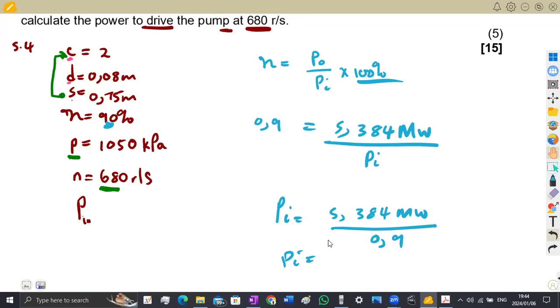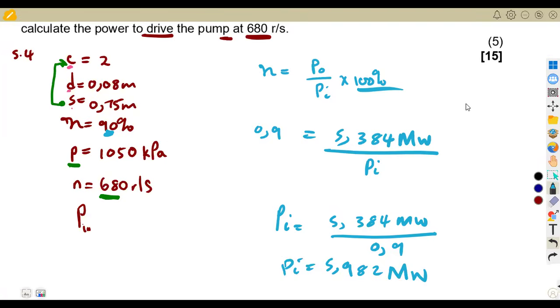5,982 in megawatts. Definitely this is also going to be in megawatts, since the previous one was given in megawatts. So we can have values like this, but the idea there is we have to apply the efficiency, and we have to consider also the speed, how it is given, because we are supposed to have joules per second, work done per second, power.